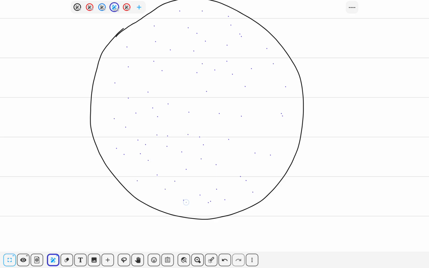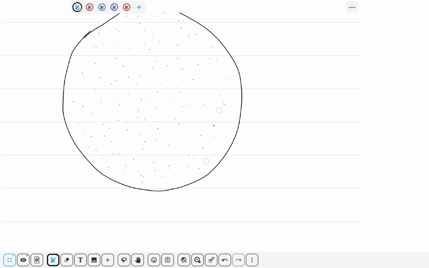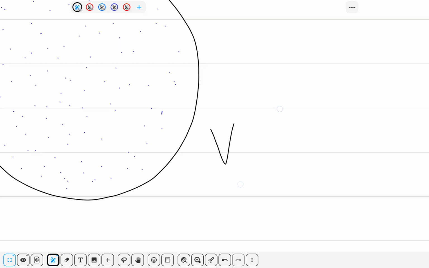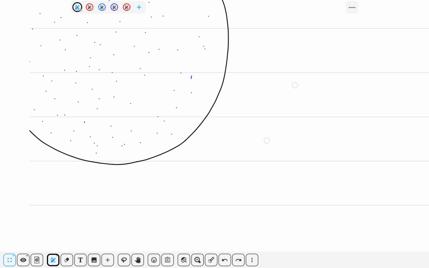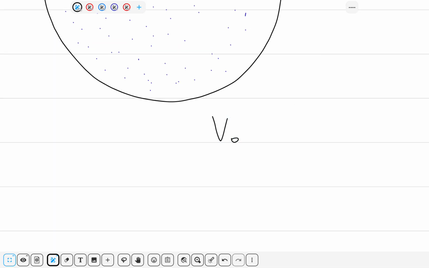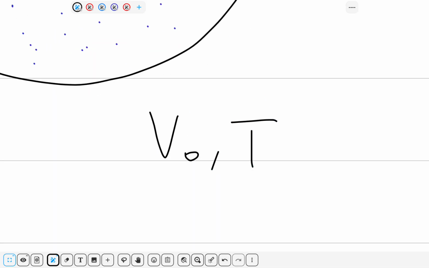An ideal gas inside, and suppose I waited for this gas to reach equilibrium. This spherical shell has volume V naught at some time instant, and this spherical shell has volume to some.